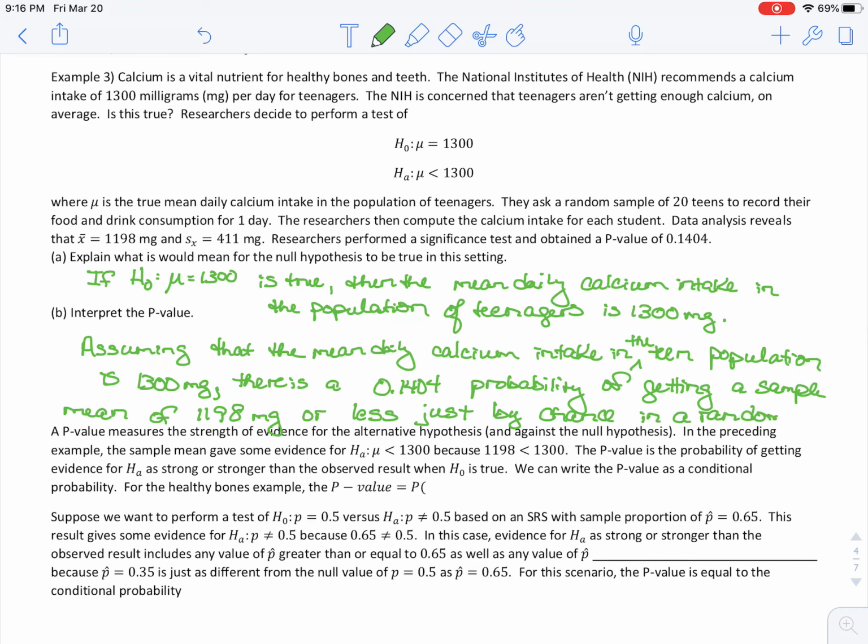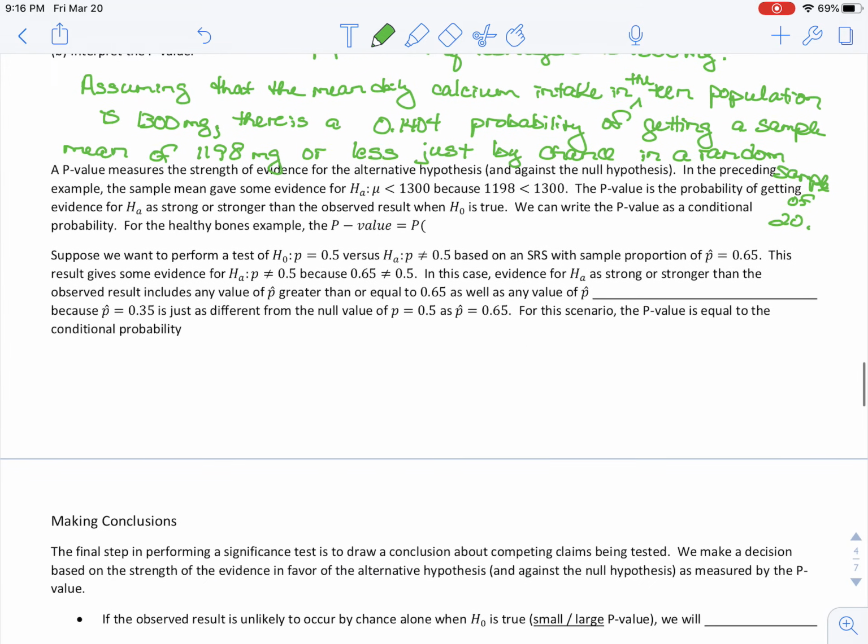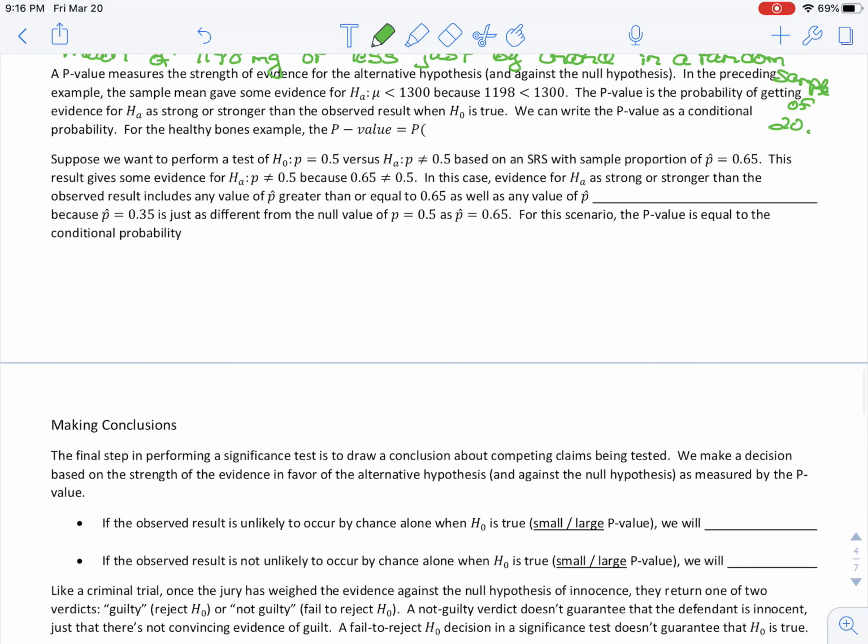Assuming we're using a random sample of 20 kids. So this is the probability that I get that sample mean or something even smaller for this type of value. It's the strength of the evidence for our alternative hypothesis. So it's the strength of our evidence against the null hypothesis.